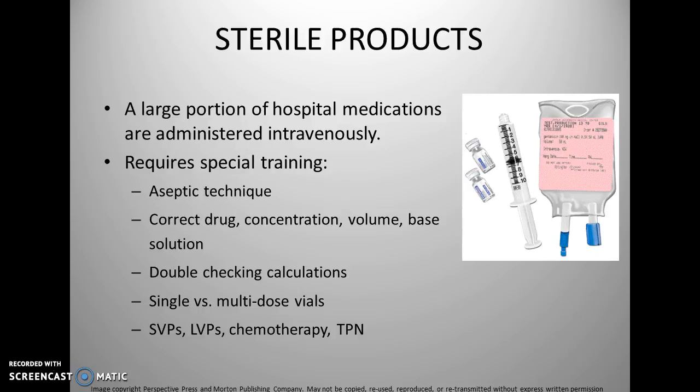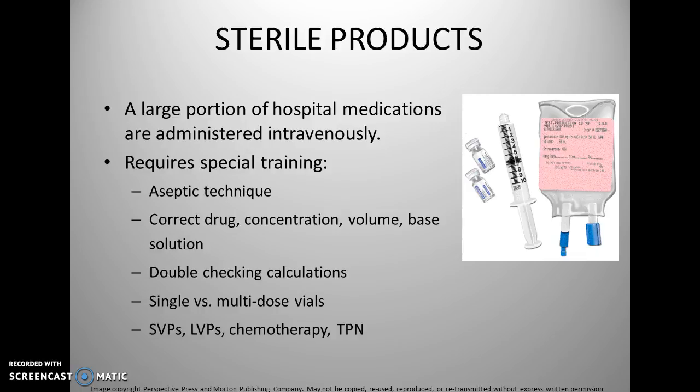In the community pharmacy, you don't really see as many intravenous prescriptions. This is more of a hospital phenomenon because of the patients that they have, especially if they have ICU, CCU, so on and so forth.